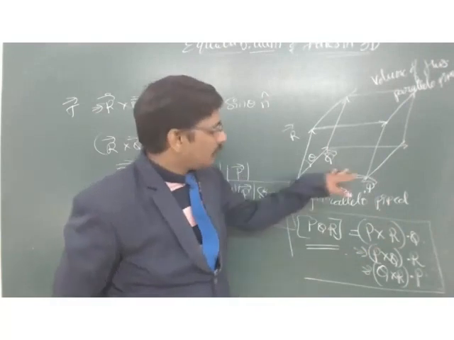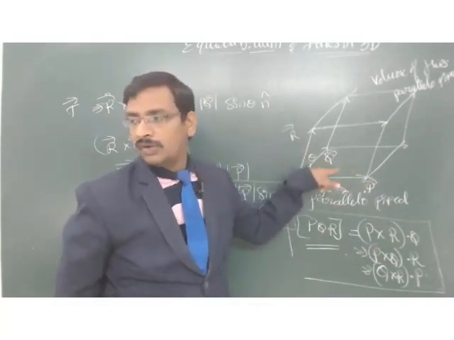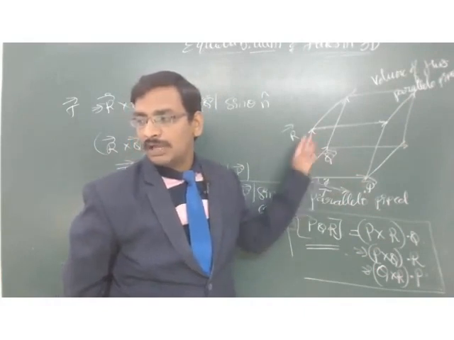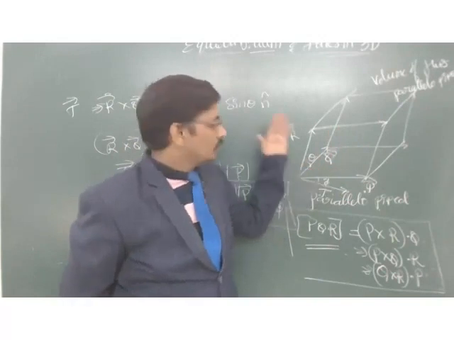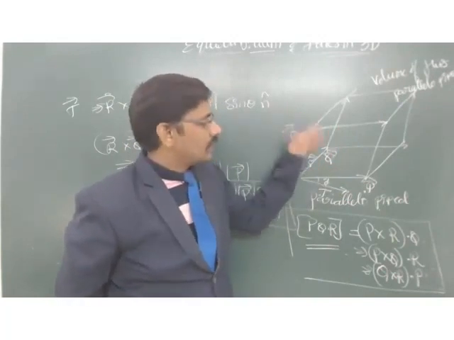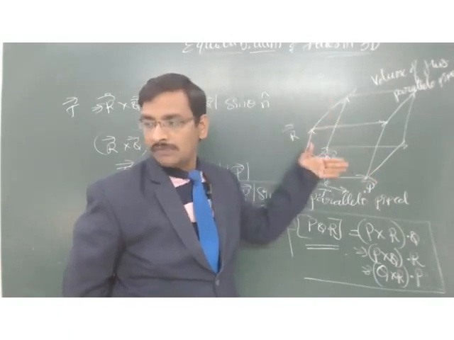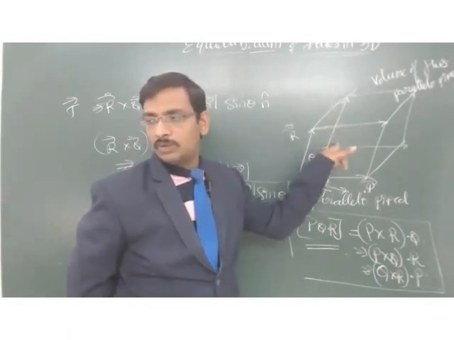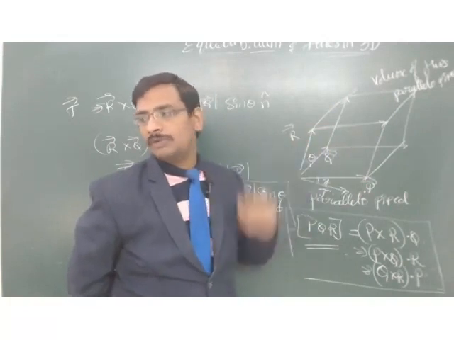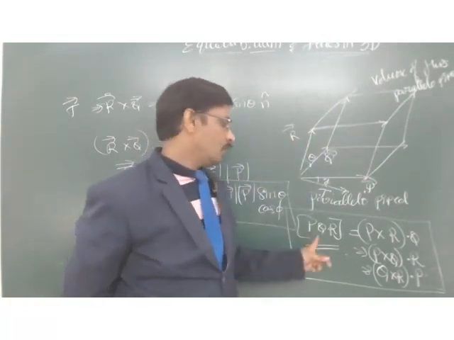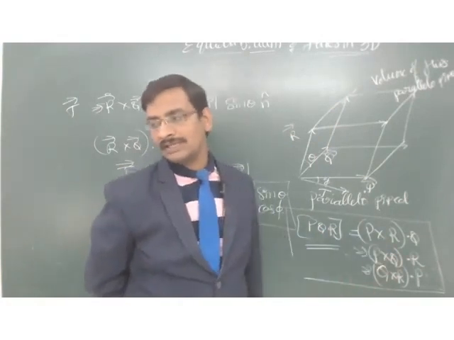If you take the bottom two vectors, find the area and multiply by the height, you get the volume of the entire parallelepiped. Even if you consider this surface and this height, or the bottom surface and the vertical height, or this surface and the depth into the board, it always gives the same volume value. That is exactly why the scalar triple product gives an equal result in all the cases.